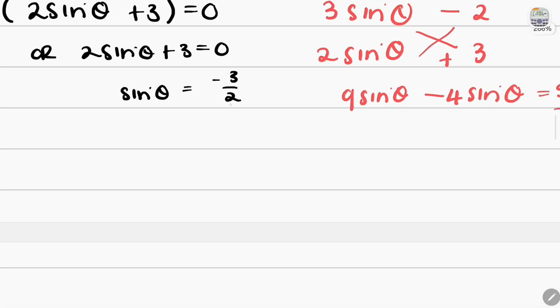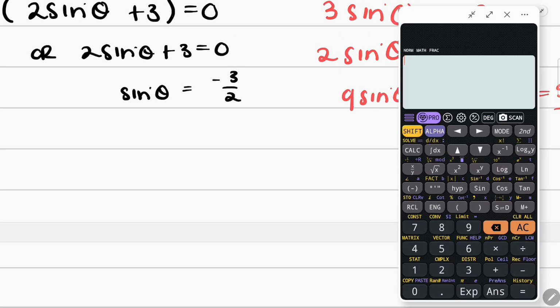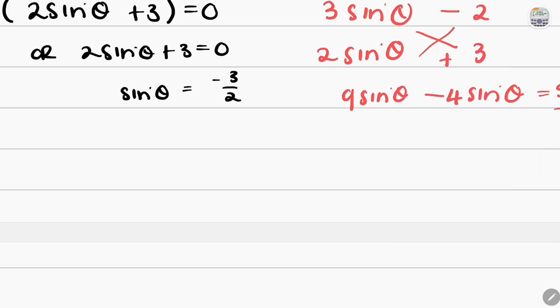Here's why I say there's a problem with this. If you're on your calculator, try to find arc sine 3 over 2, not even the negative, just the 3 over 2. My calculator will say I, yours will say error, because there's no solution to this. The problem is that we had sine theta being equal to negative 3 over 2, which is negative 1.5.